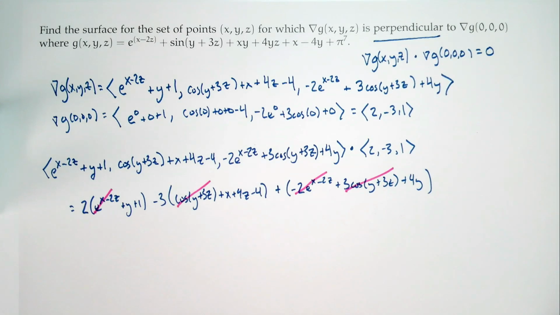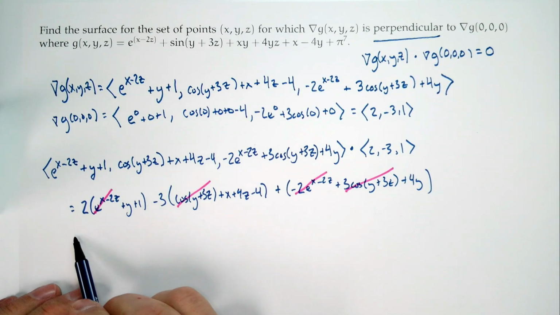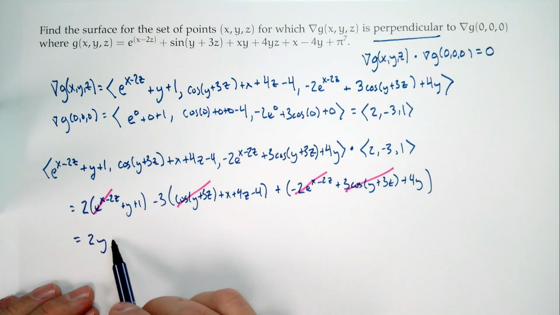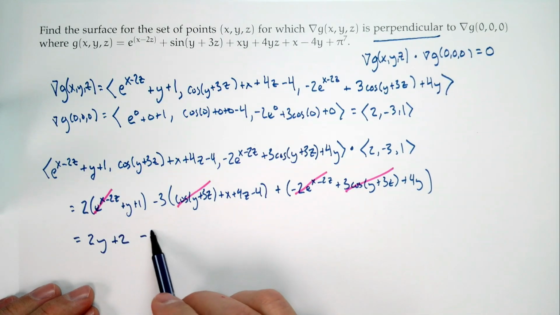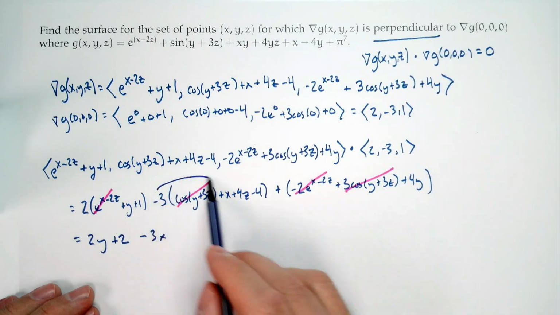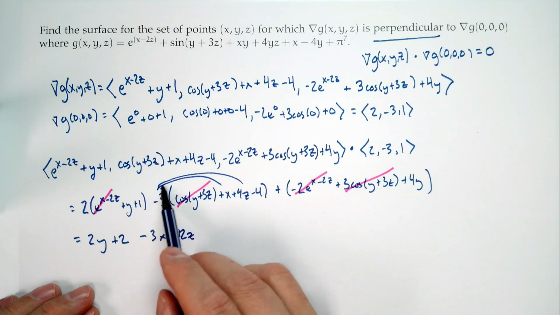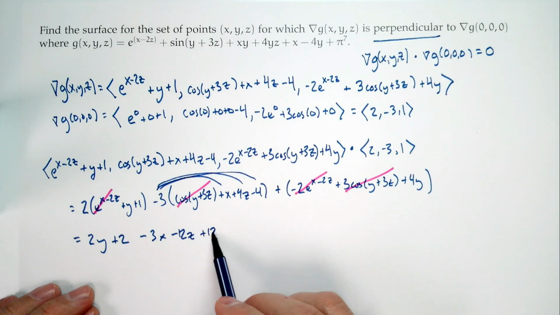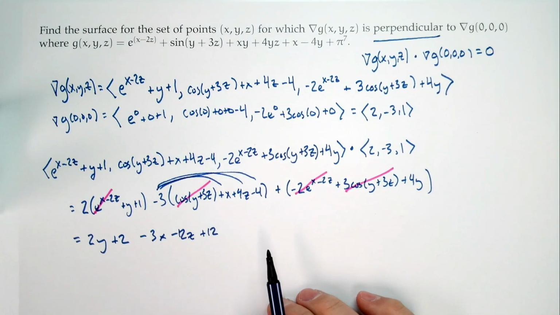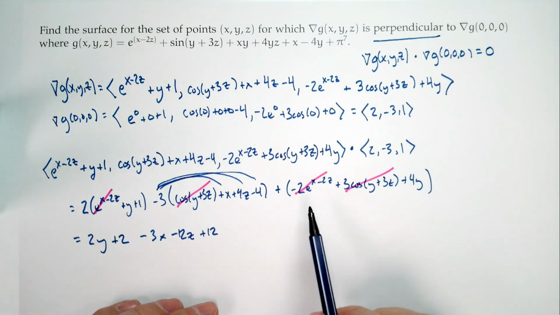So what we end up with is actually something a lot easier to think about. So 2y plus 2 minus 3x, and then minus 12z and plus 12. All right, it's not so bad. That's not so bad at all. And then anything else?